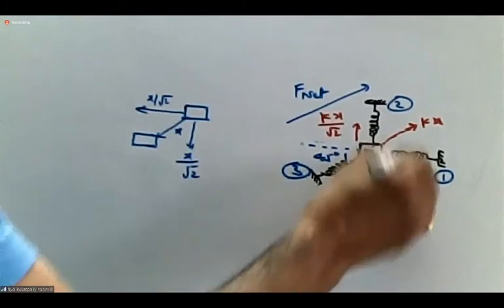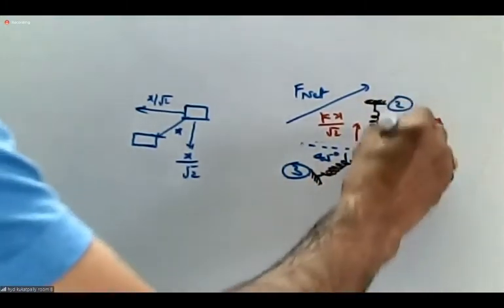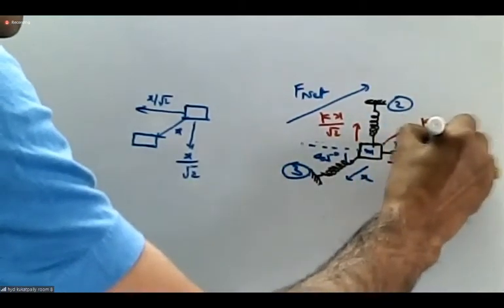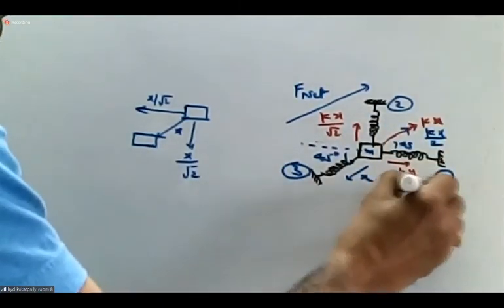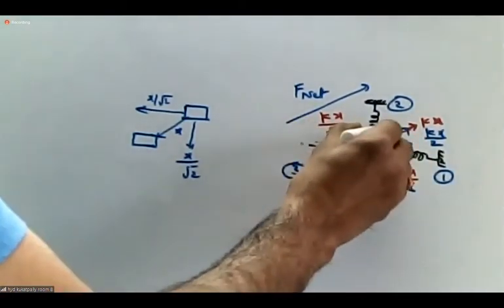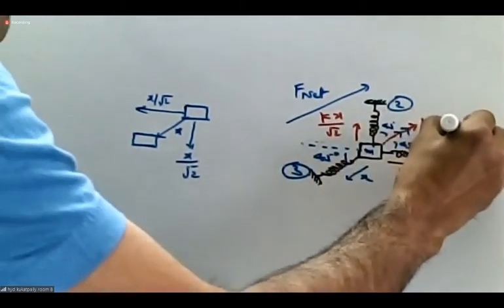When this is kx by root 2 and this angle is 45, you have to take the component. That would be kx by 2, that is kx by root 2 cos 45. And here also kx by root 2, this angle is also 45, so that component is also kx by 2.